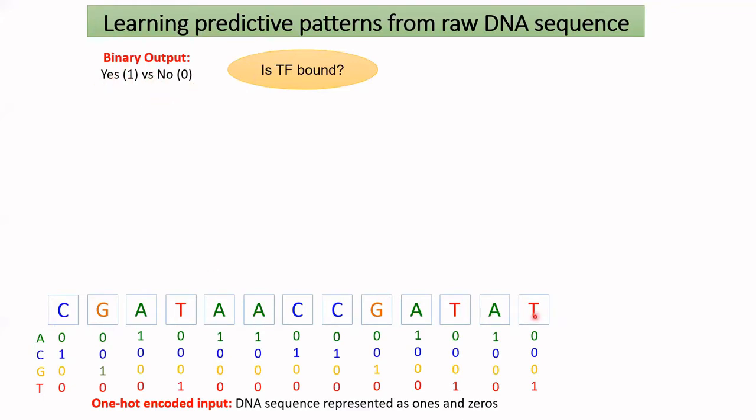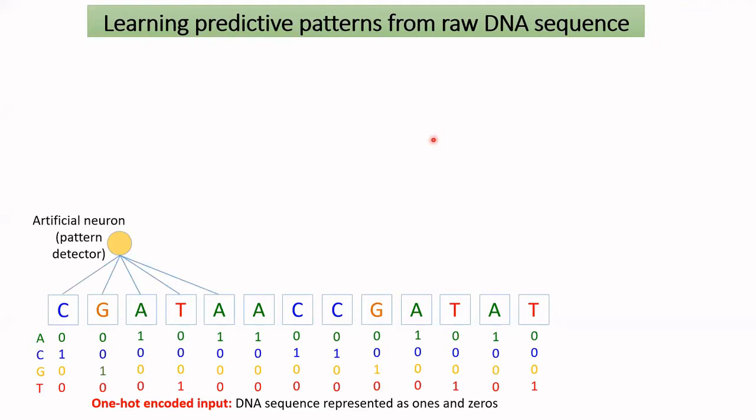So we take these sequences and represent them as one-hot encoded sequences. That means a matrix of 4 rows and L columns, where L is the length of the sequence. The 4 rows correspond to ACGT, and you put a 1 for the letter that's present at each position in the sequence. The goal is to map this one-hot encoded sequence to a binary or continuous output.